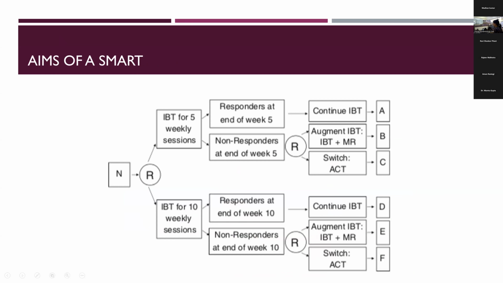Okay, now this is just an example I took from a paper by Daniel Almirall in 2018. This was studying a weight intervention for a group of people with obesity. So IBT is intensive behavioral therapy and MR is meal replacement, and this is adaptation and counseling.